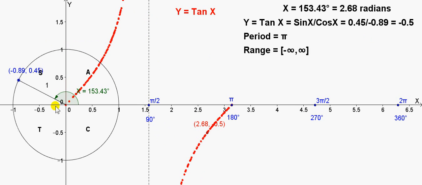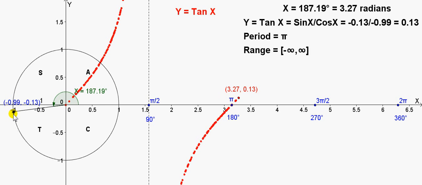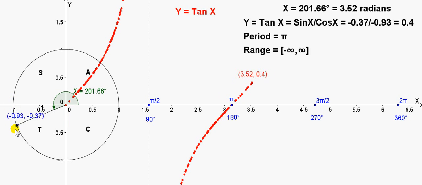Now let's look at values of x between 180 and 270. Well, at 180 we have that the tan is 0 because we have sine over cos, 0 divided by minus 1, is 0. Notice that the tan function is positive here.